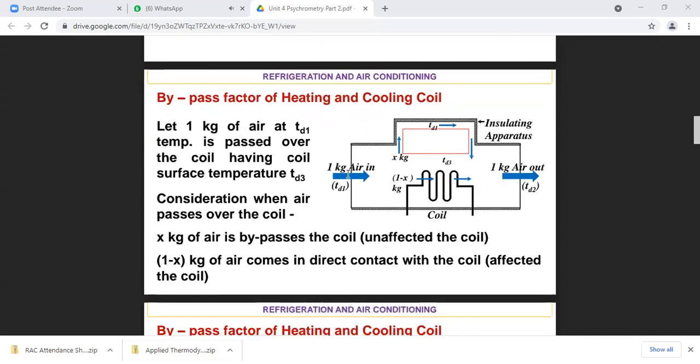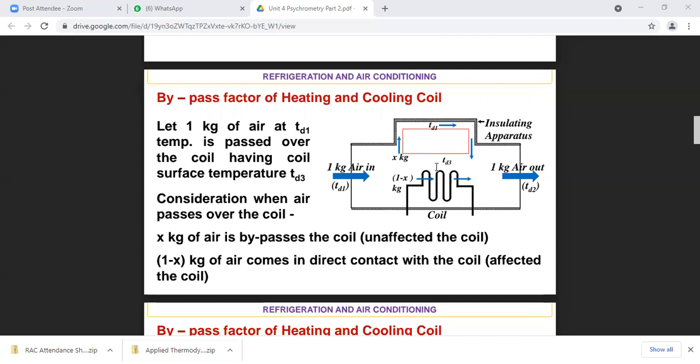You can see it here. By observing this figure, 1 kg of air at temperature TD1 is passing over the coil. If cooling water is flowing through the coil, heat is taken by this air.